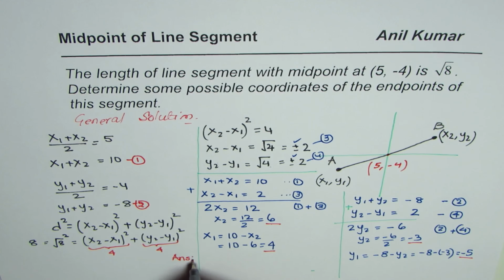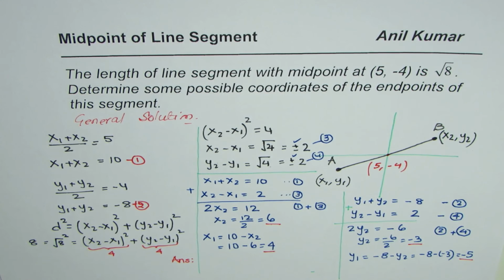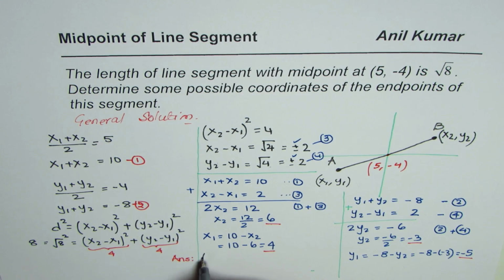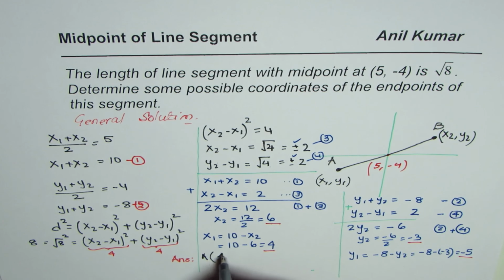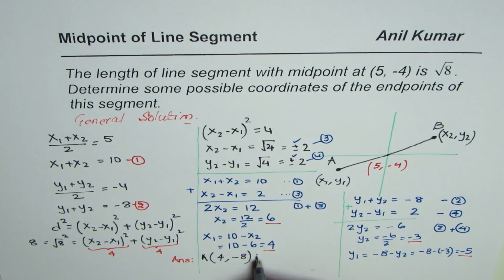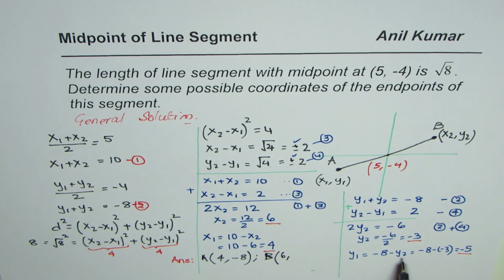The coordinates for point A, which is x1, y1: x1 is 4, y1 is minus 5. And for point B, which is x2, y2: x2 is 6 and y2 is minus 3.